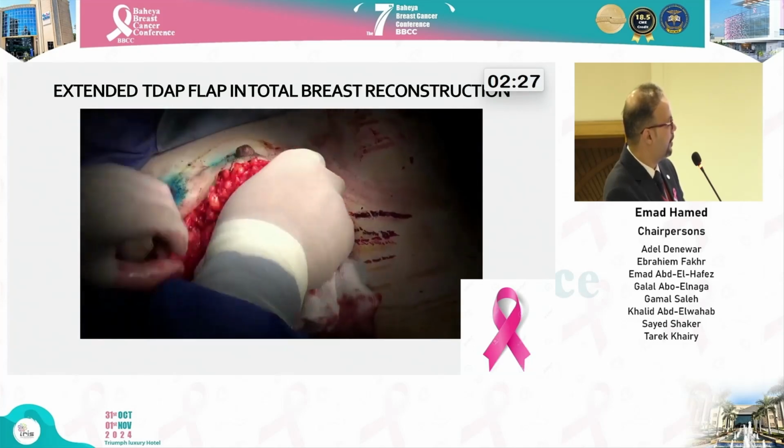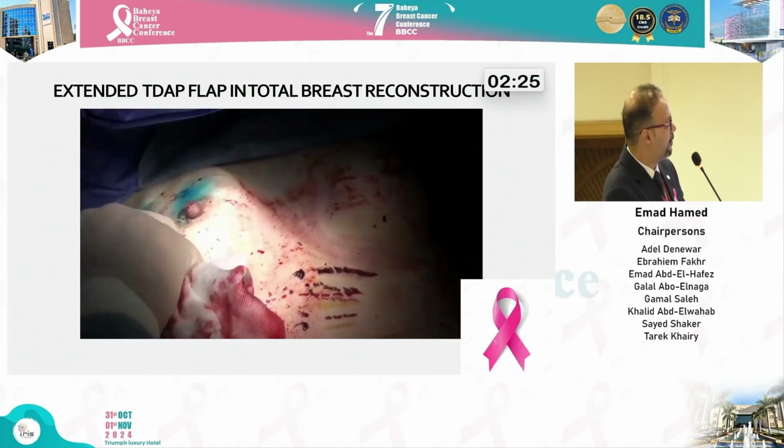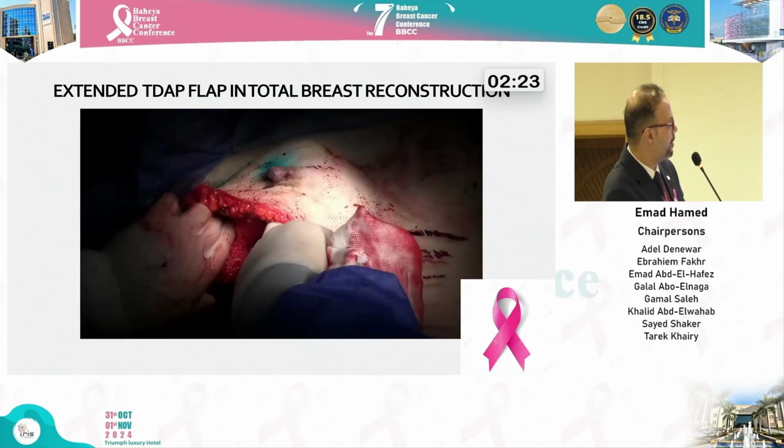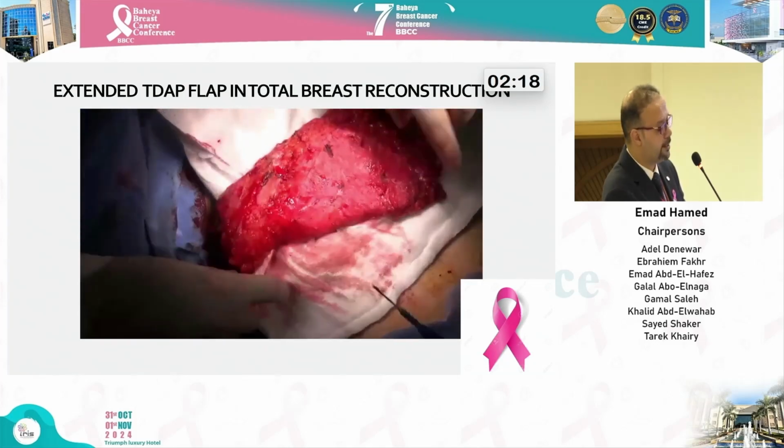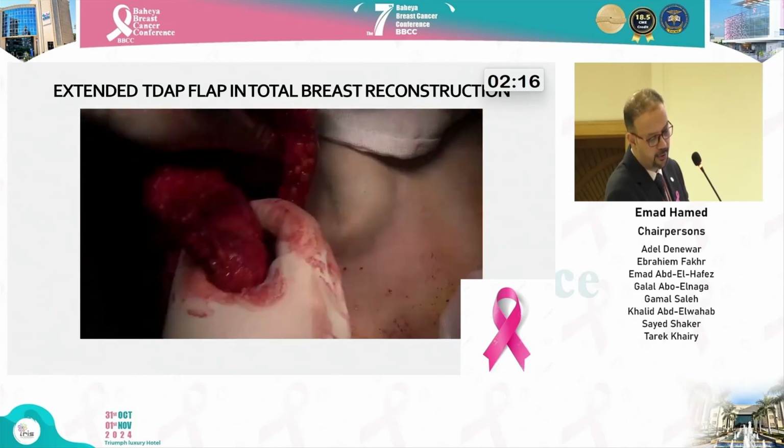as you can see. And we will deliver the harvested flap in the mastectomy pocket and try to simulate the normal breast mold.